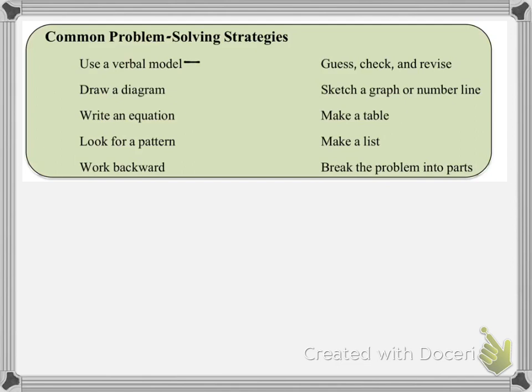1, use a verbal model. This one's probably my favorite, because so often you guys are really good at telling me in words what to do. Well, I would have to take how tall she is now, subtract how tall she was to figure out how much she's grown.